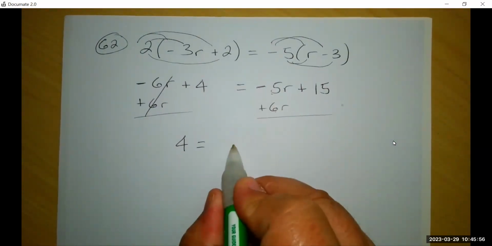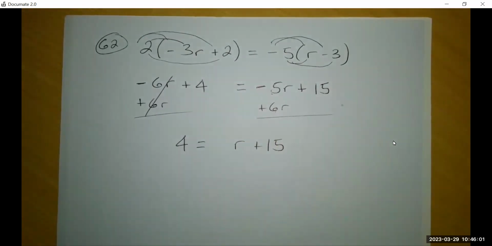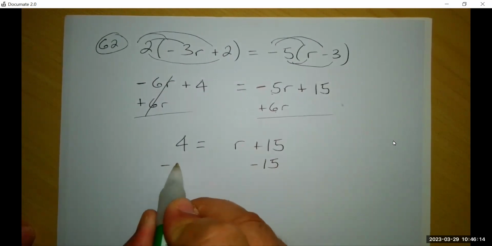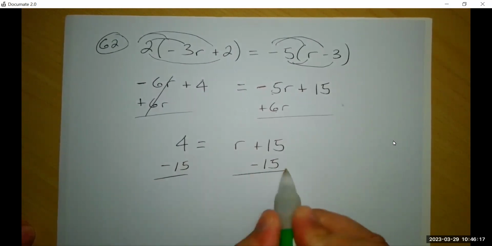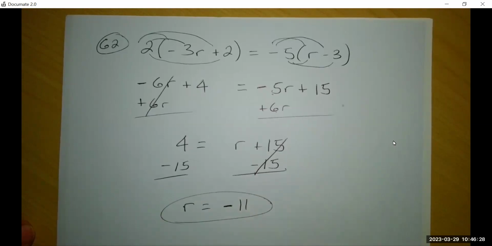Six minus 5 is 1, so it's r plus 15. Then subtract 15 from both sides, get r by itself. Fifteen's bigger than 4, so it's negative. 15 minus 4 is 11. There's your answer.